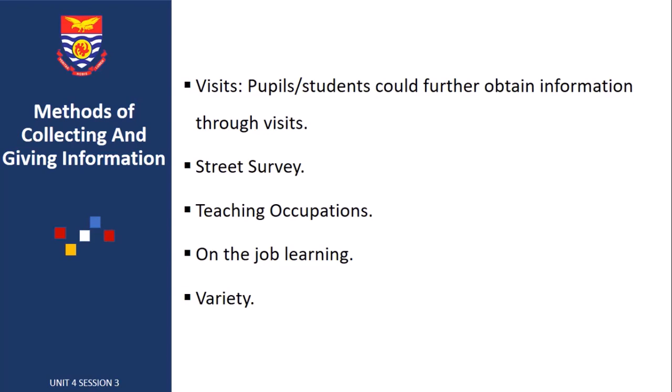They visit each business or shop to collect information about the nature of employment, the kind of preparation required for each job, how to get employment there, and the conditions of service.